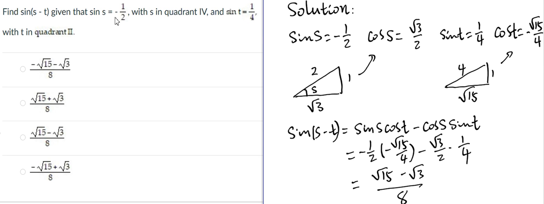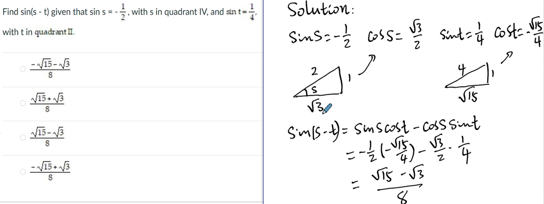First of all, when we see sine s, we need cosine s. By using the picture, we need the value first, then figure out the sign for cosine s. Sine s absolute value is 1/2. That's opposite side over hypotenuse.